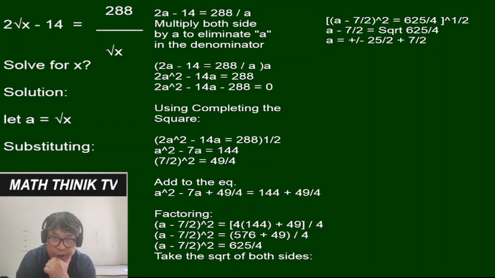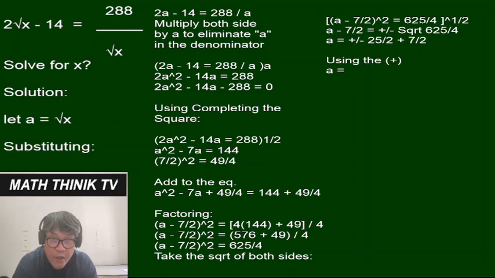Okay, we put here dito sa square root like this, plus minus square root of 625 over 4. Right? So we have now a is equal to plus minus 25 over 2 plus 7 over 2. So using the positive value, we can solve now a.